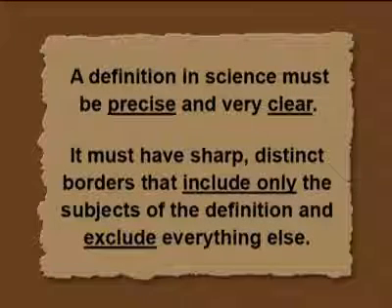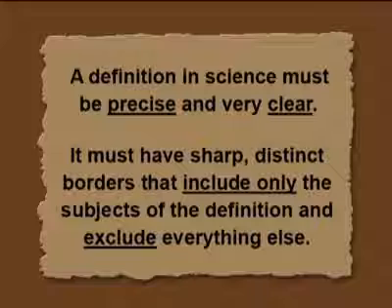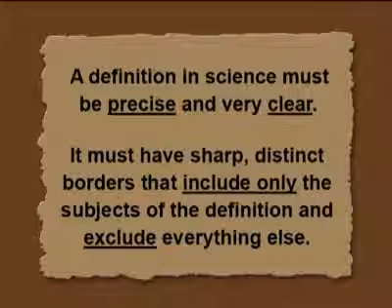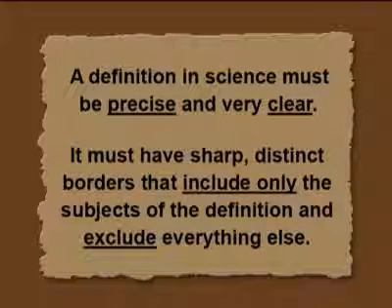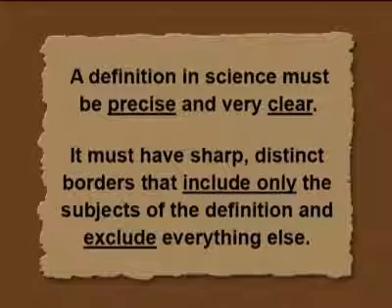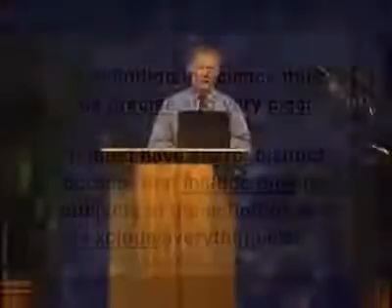It must have sharp, distinct borders that include only the subjects of the definition and exclude everything else. We need such a definition also for information. If we use such a term in science, we have to make a very clear definition.